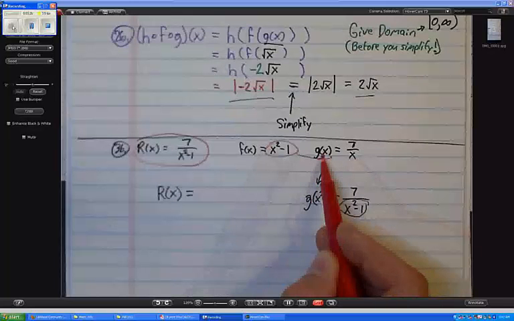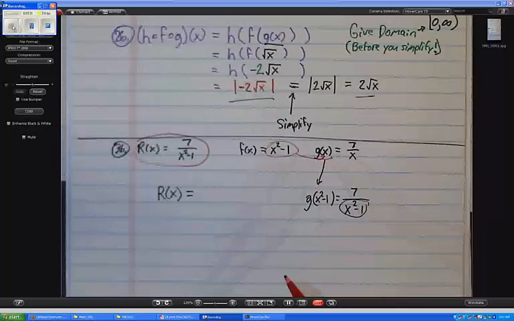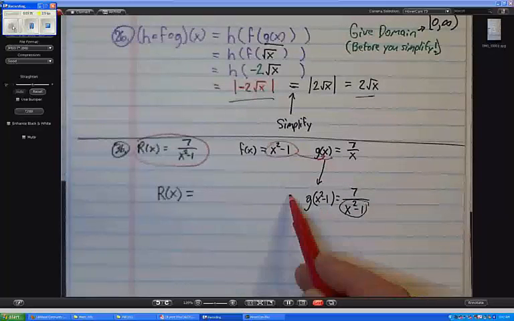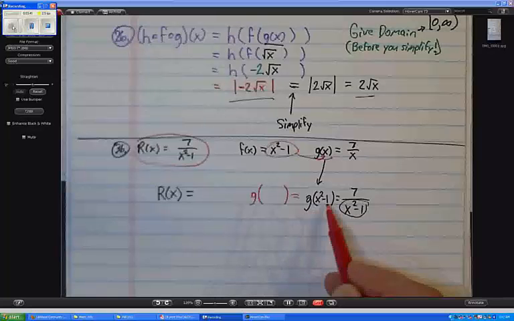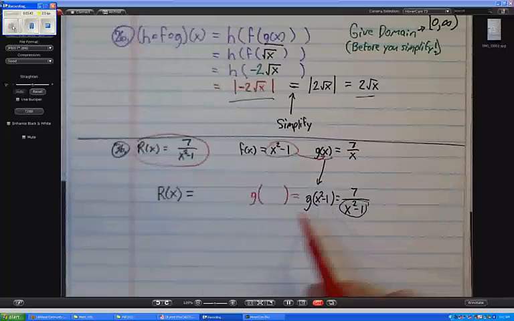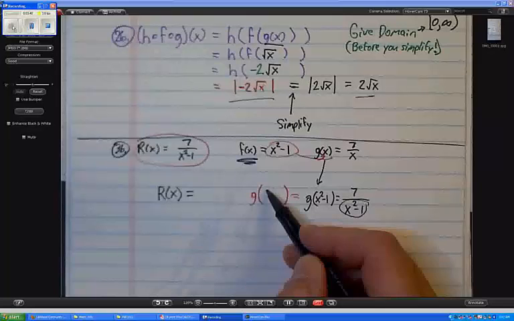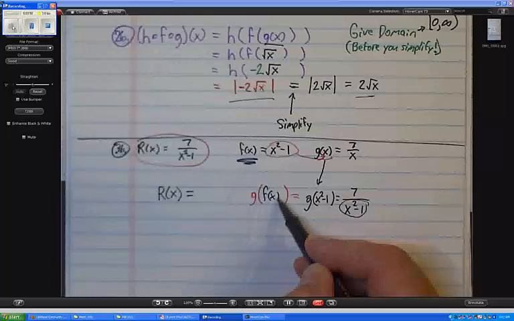So what am I really putting in? When I write g of x squared minus 1, that's really g of what? What's another name for x squared minus 1 in this problem? f of x, right? We wrote down that f of x is going to be x squared minus 1. g of f of x.